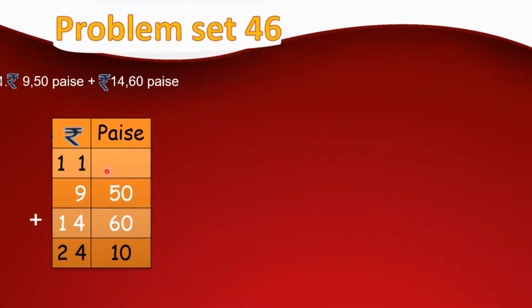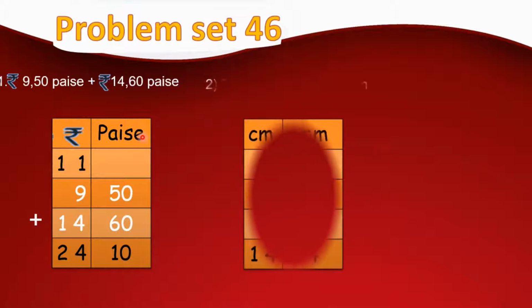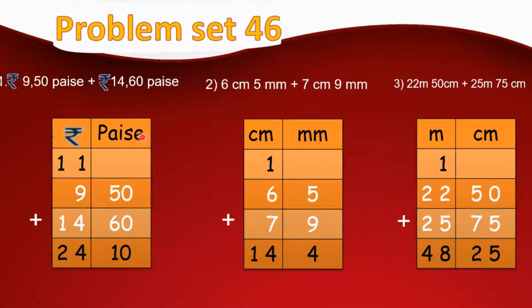So here we get 9 plus 1 plus 4 is equal to 14. 4 we write here and 1 is carried over. So 1 plus 1 we get 2, and thus the answer of this addition is 24 rupees and 10 paise. Similarly, some other examples are shown for your better understanding.